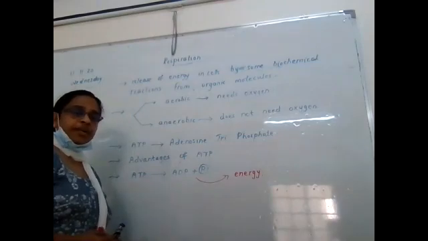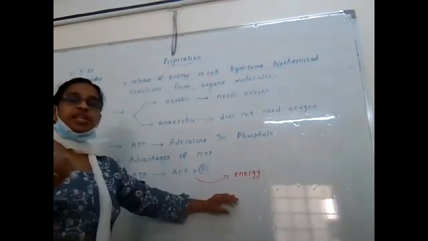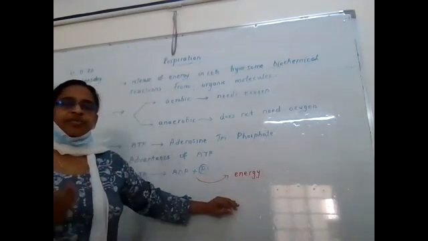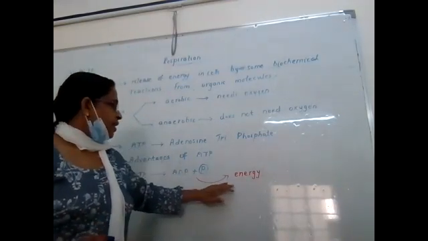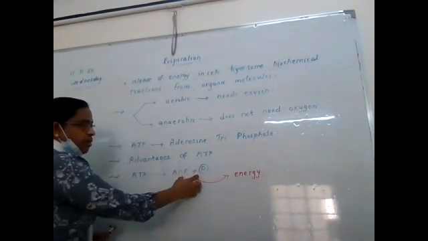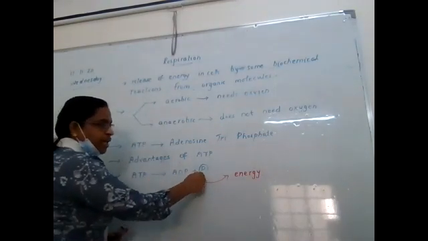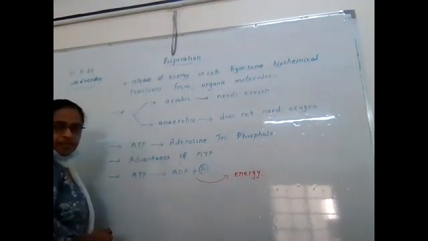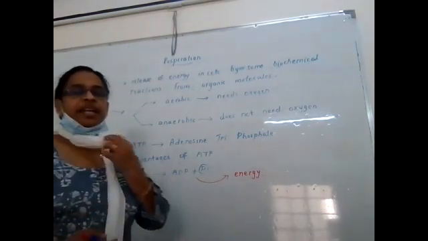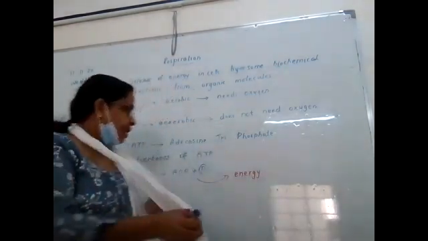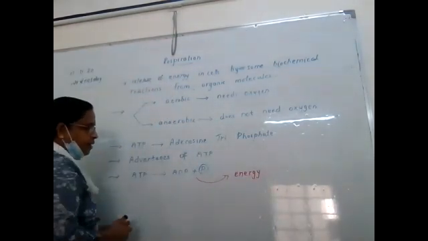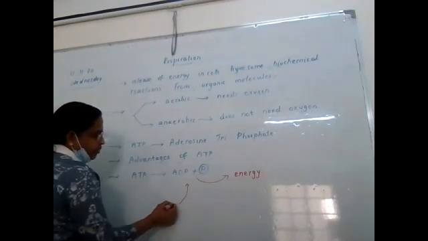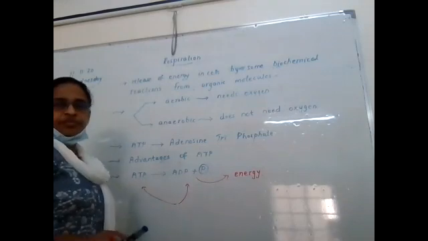And then what happens when energy is given back, like because of the digestion of food? If energy is given back, a phosphate group will get attached to the ADP and make the ATP. So the reversible reaction takes place. That means if energy is given back, it will form ATP.